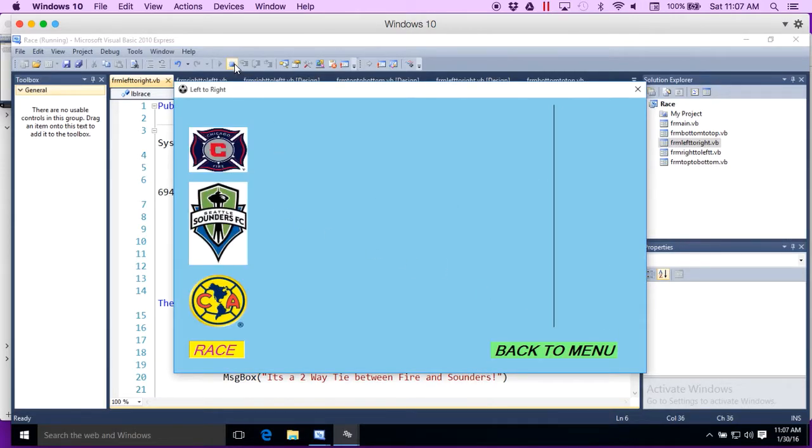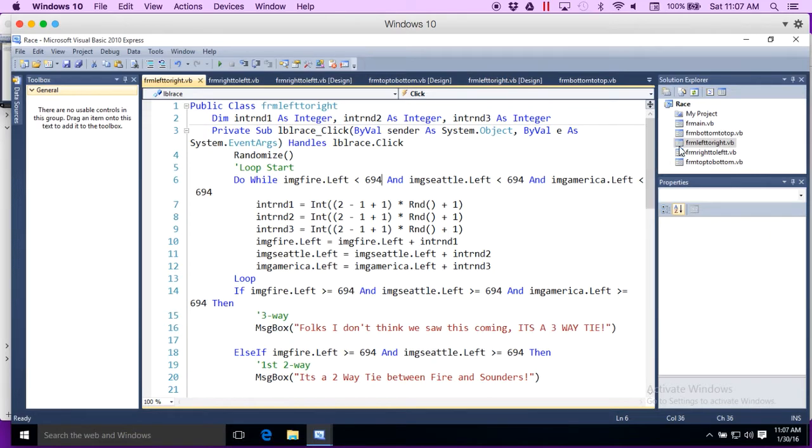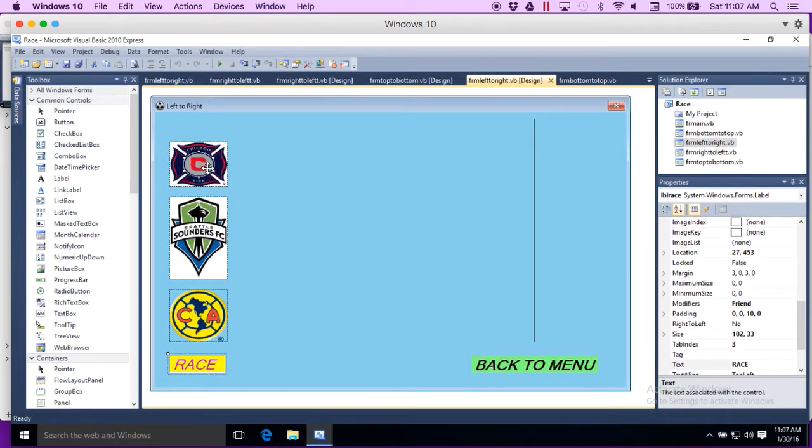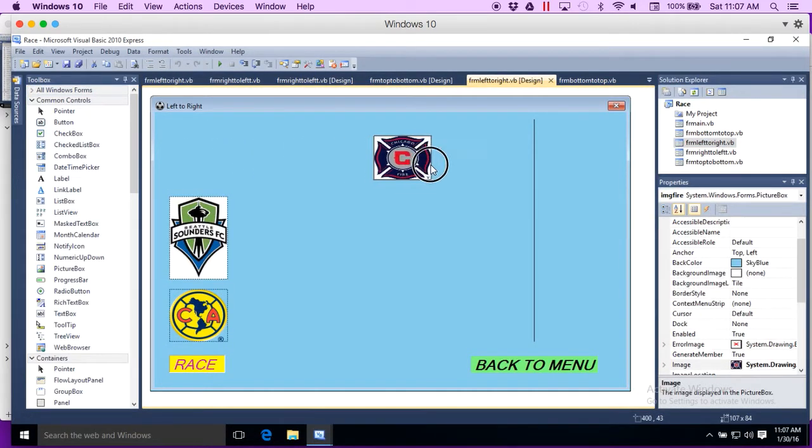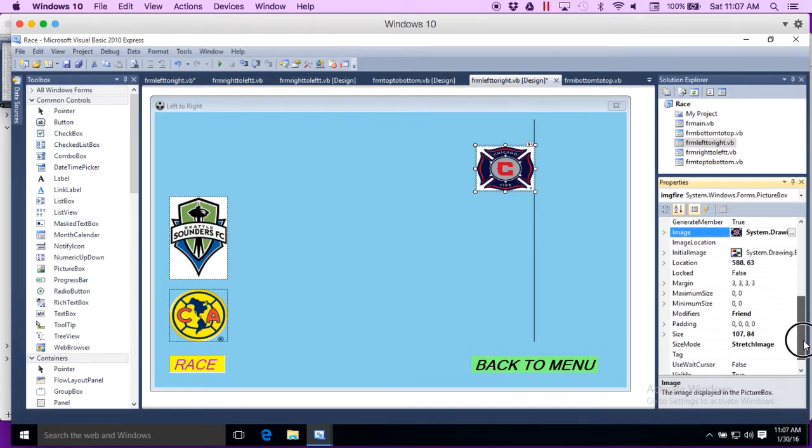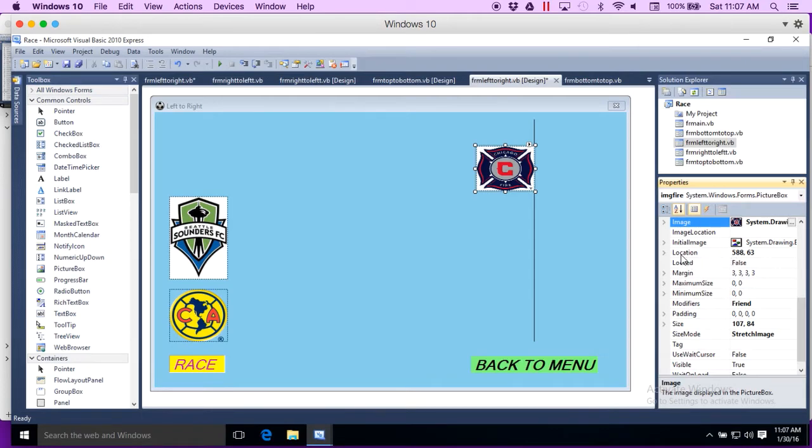So what I have to do is, I'm not really going to 694. When I'm moving across here, it was the first one that gets its left side all the way across. I don't want that. I want the first one to get the right side to touch. So I'm looking at this spot, and as long as they're all the same width, now I look at 588.